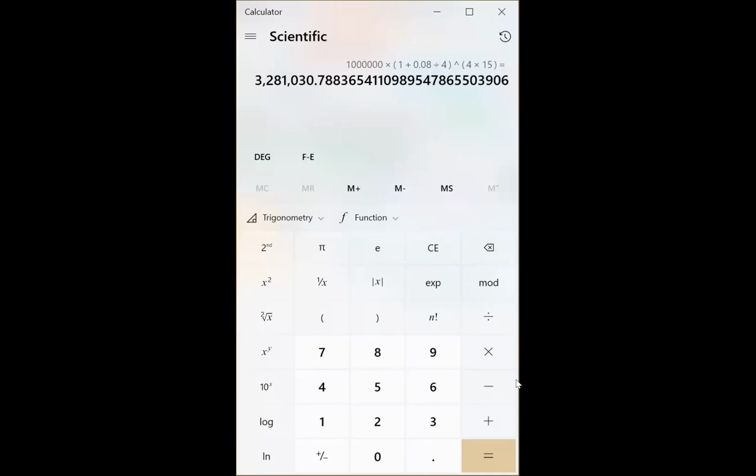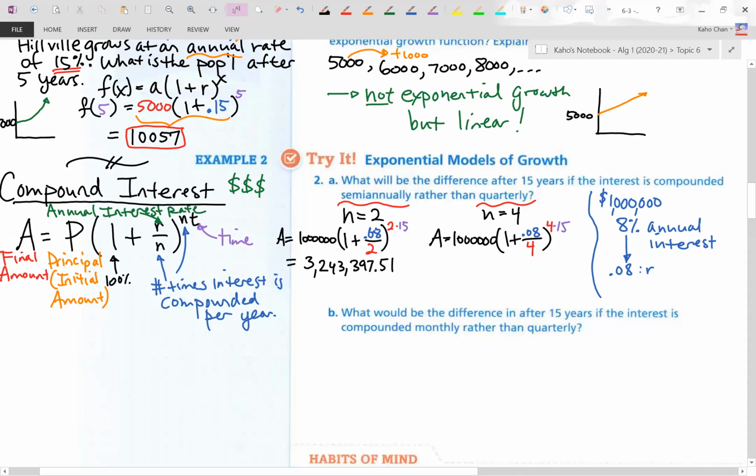Whoa, a little more money, but not as much as you thought it would be, right? The reason why is because we're breaking up the interest rate brought to a power. This answer, $3,281,030.79. Not much more. It's about $37,000 more. Yeah, not as much as you would have thought.